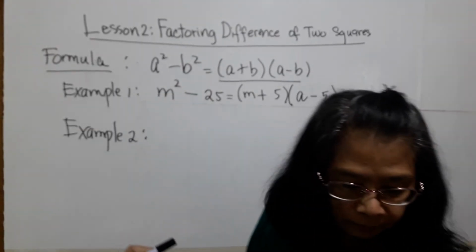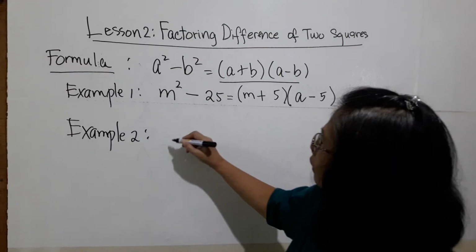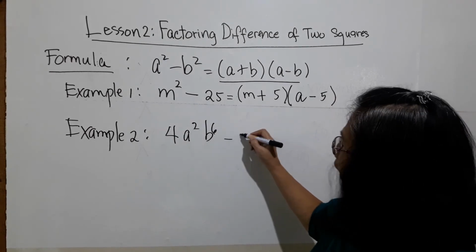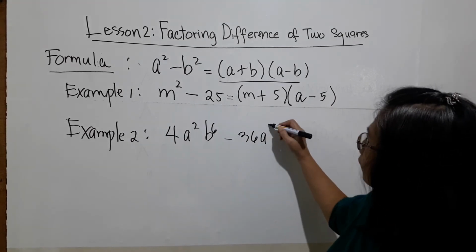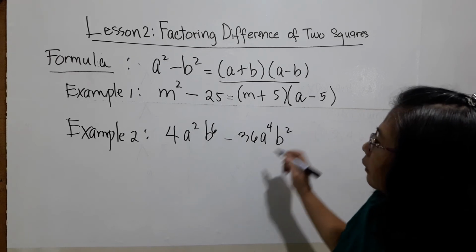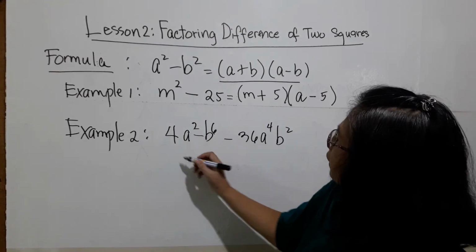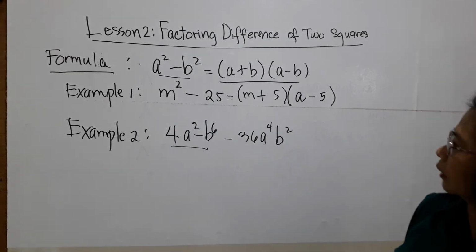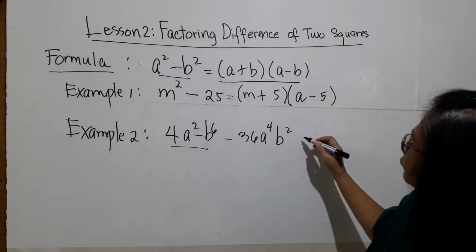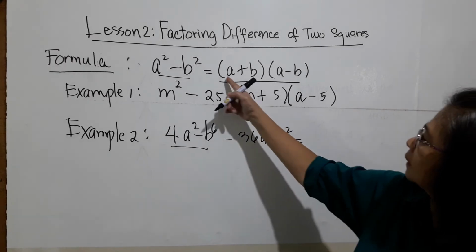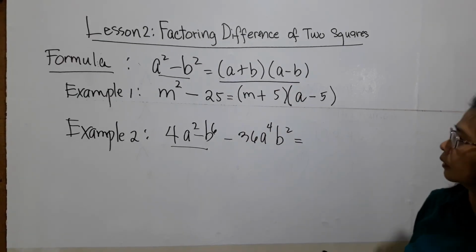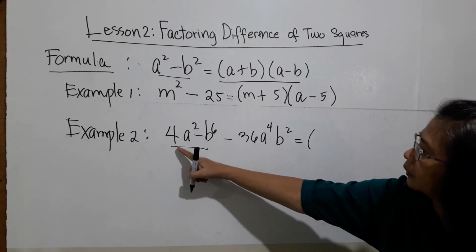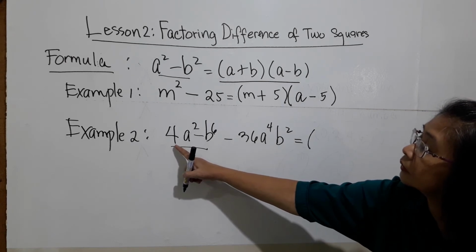Example number 2 is 4a squared b to the 6th minus 36a to the 4th b squared. This expression represents a squared minus b squared. Now let us have the factors representing the symbols in the formula above. For a, let us first have the number 4.